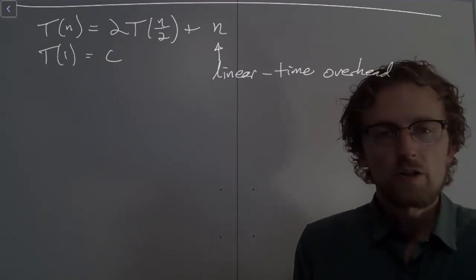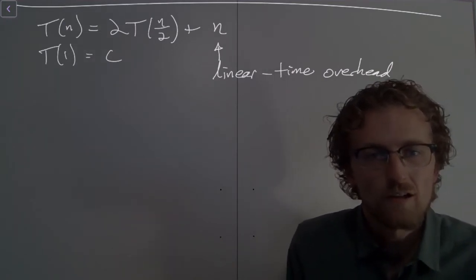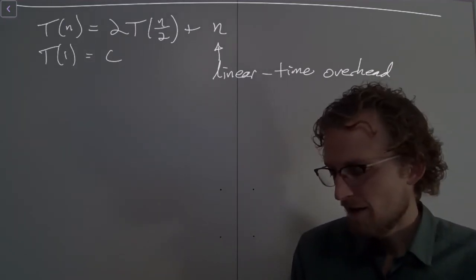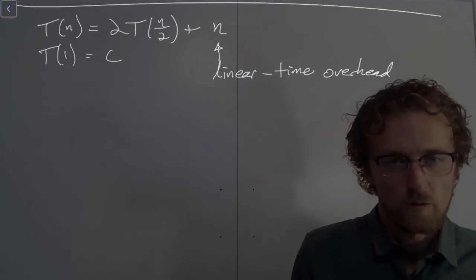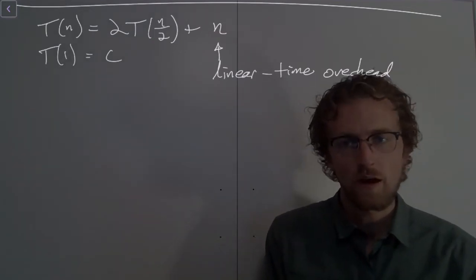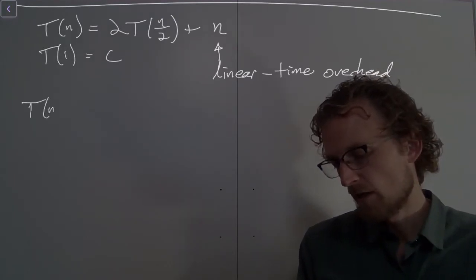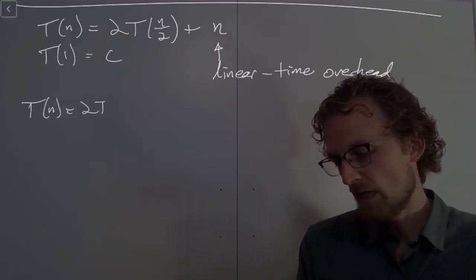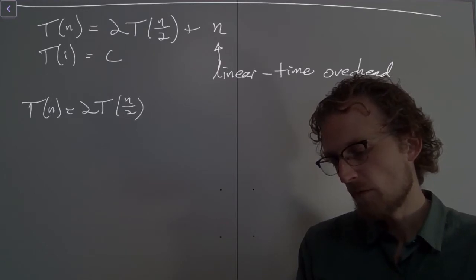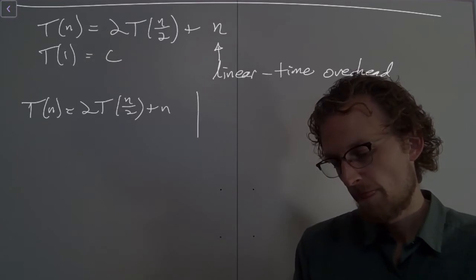And we could interpret this analysis we're about to do as sort of what's the cost of linear time overhead in this kind of an algorithm where we're splitting in half and then processing both halves. Well, we can chase this around, so we can say T(n) equals 2T(n/2) plus n, plus n.